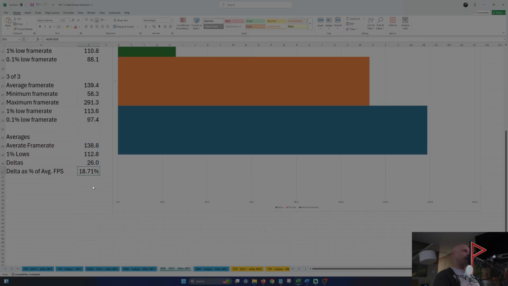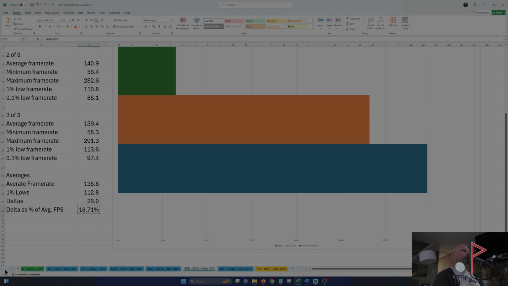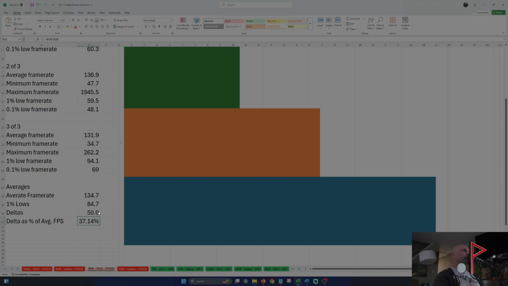DirectX 12, 18%. By the way, I noticed consistently with Red Dead Redemption, lower deltas in DirectX 12 than Vulkan. At least on paper, DirectX 12 seemed to perform a little bit better. 18%, 140 FPS. And again, compared to stock, we went from 37% all the way to 18.